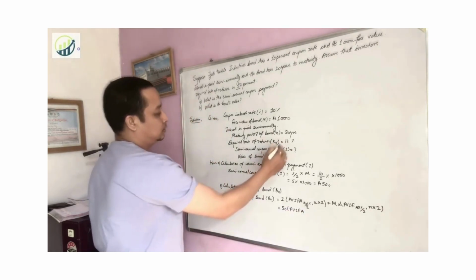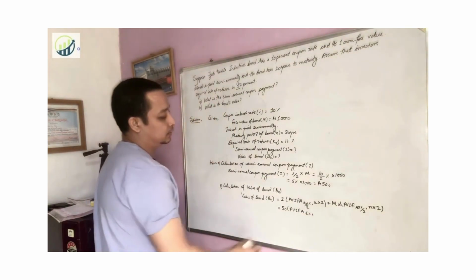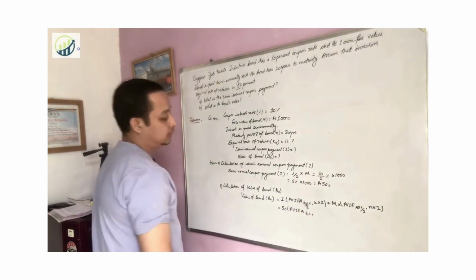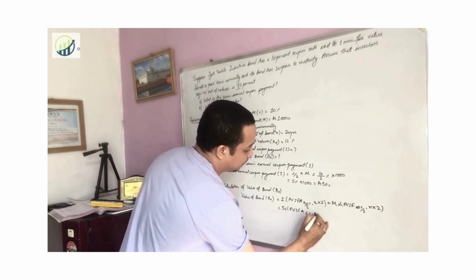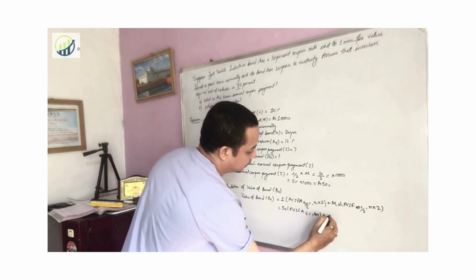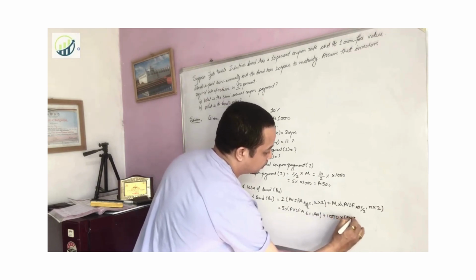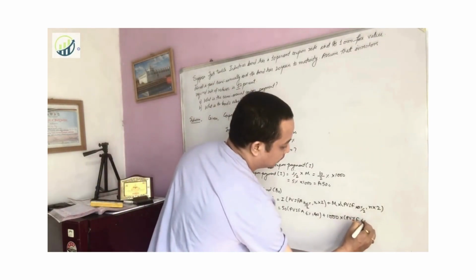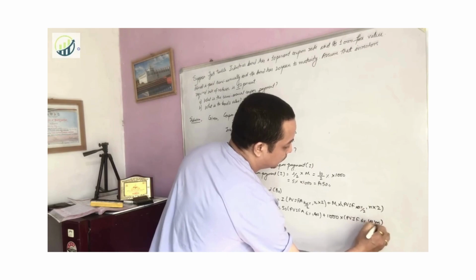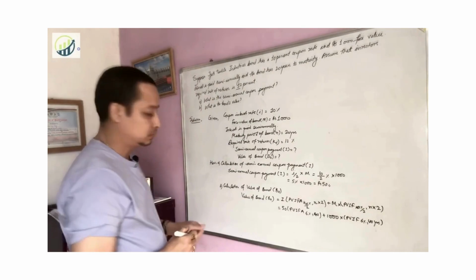Here KD is 12, so it is your 6%, and here your number of years is 20, which is multiplied by 2, then you will get 40. Maturity value or face value 1000, and present value interest factor, again 6%, 40 periods. So you have to look at the PVIFA table and PVIF table.